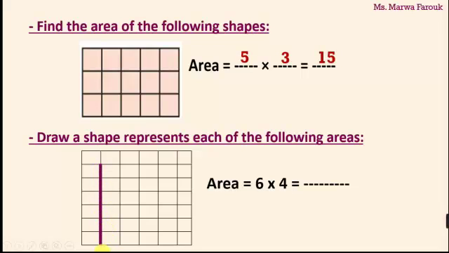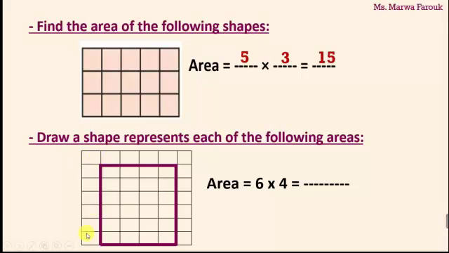I draw a line that has 6 units. And then the other one is 4. So I'm going to draw 4. 1, 2, 3, 4. This is the second line. I am going to close the shape with another 2 lines.